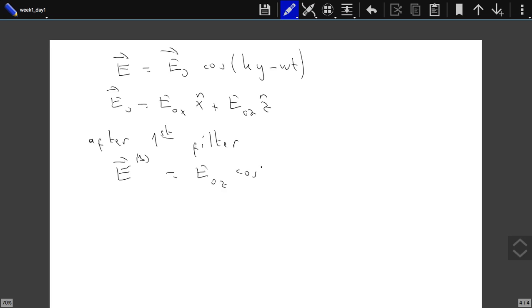So E1 is E0z cosine(ky minus omega t) in the Z direction. Now, if we send it through a polarizer in the X direction, of course, there is no polarization in the X direction. X direction is perpendicular to Z, and so we are done. So there won't be any light passing through it. It will absorb all of it.